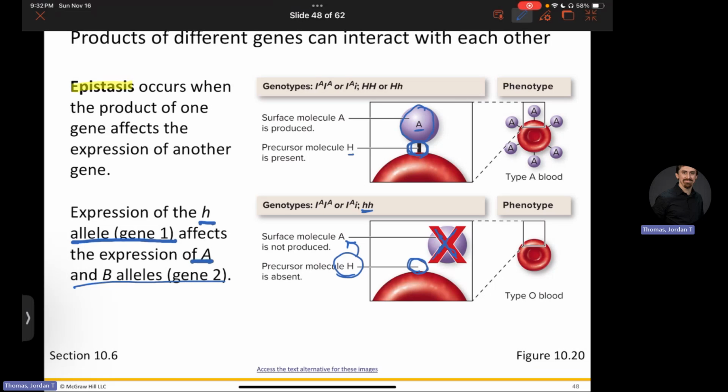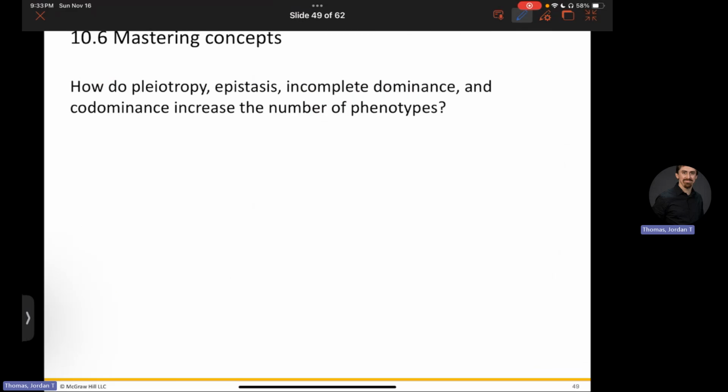So in epistasis, one gene affects the expression of another gene. If the first gene is not expressed, then the other gene is not expressed by default, no matter what the other gene is. So it's just blood type, it cannot be expressed. How do pleiotropy, epistasis, incomplete dominance, and codominance increase the number of phenotypes? Think about it. We'll come back.